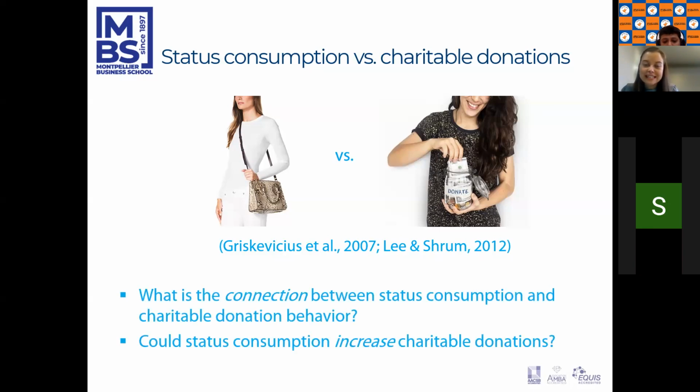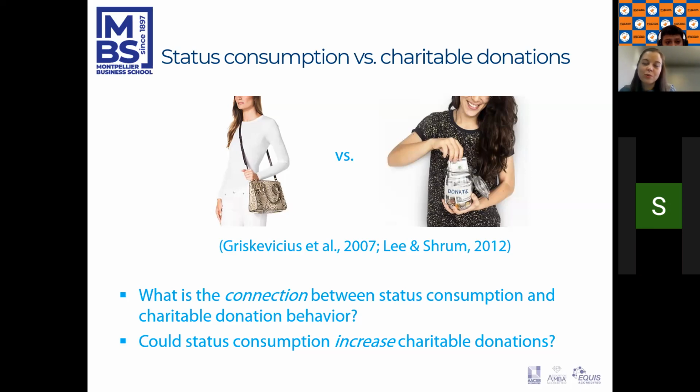But in this research, we try to look into the connection between these two behaviors to see if there is any connection between status consumption and charitable donation behavior, apart from the fact that, yes, some might see them as opposing ends. And the second sub-question was whether status consumption could increase charitable donation behavior.